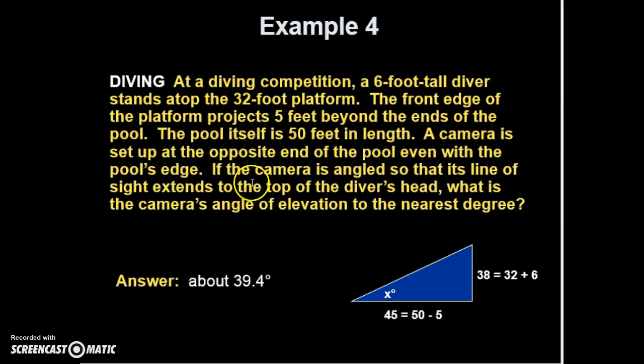If the camera is angled so that its line of sight extends to the top of the diver's head, what is the camera's angle of elevation to the nearest degree? They've given us the horizontal and vertical distances. It's actually 38 and not 37 like they had listed, but it's opposite over adjacent, so the tangent of x equals 38 over 45.